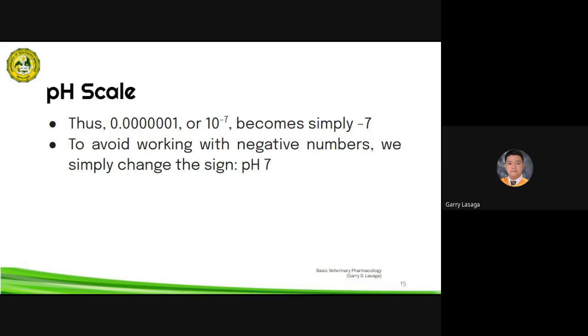So for example, when the concentration of the hydrogen ions is 0.0000001, this can also be interpreted as 10 to the negative 7.